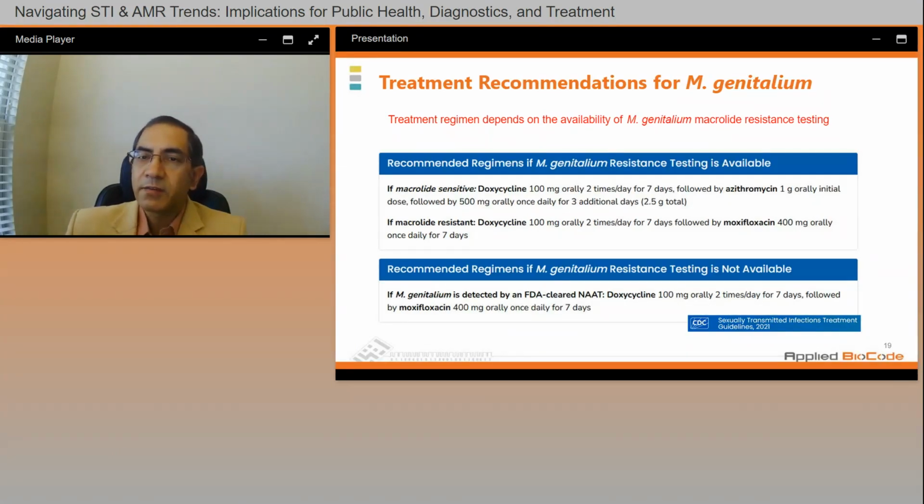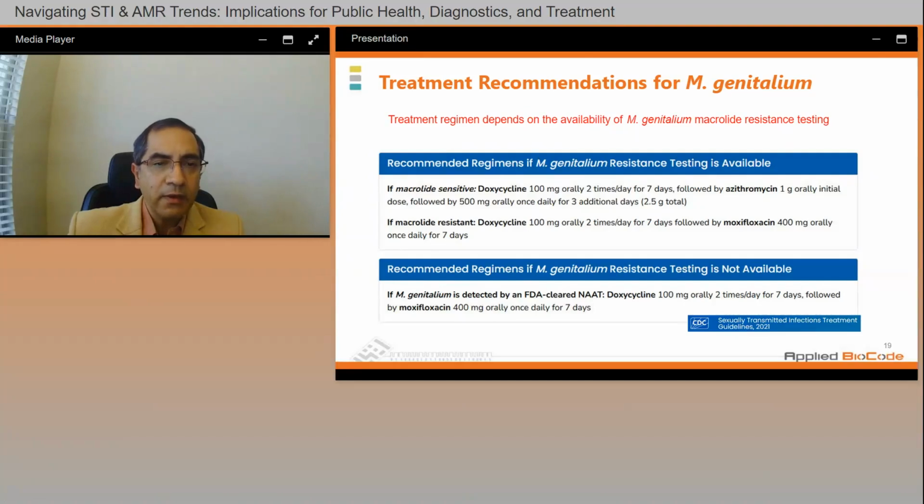Because of the rising drug resistance, treatment decisions for Mgen infection now depend on the availability of macrolide resistance testing. Specifically, the use of moxifloxacin as a follow-up regimen to doxycycline depends on whether resistance testing can be performed on bacteria. As you can see on the slide, the testing recommendation depends on whether the testing is available or not.